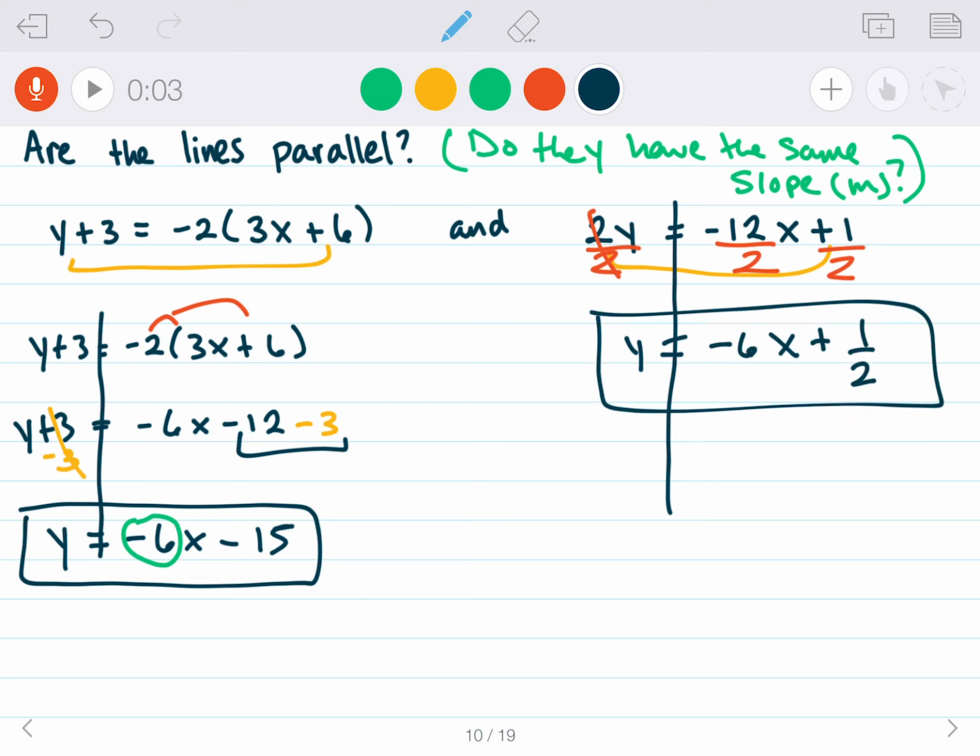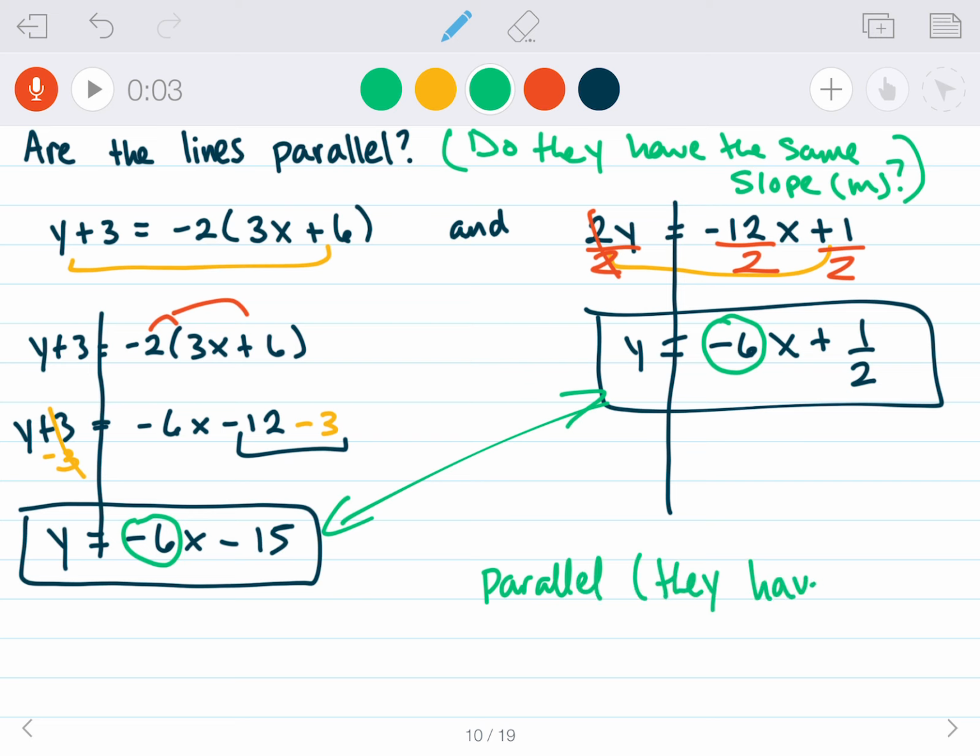This is my line in y equals mx plus b form. And we can see that the slope is also negative 6. So since they have the same slopes, they are parallel. That's the only way you can tell, if they have the same slopes. There's no other way. It makes it pretty straightforward.